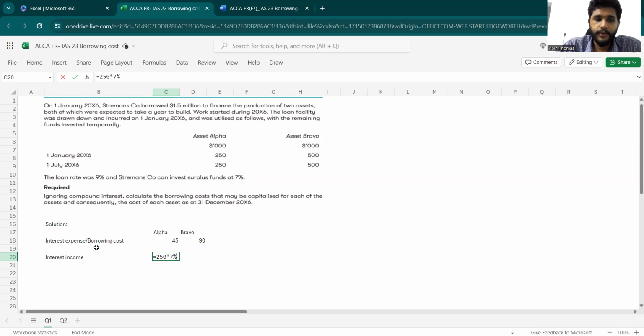What is the period of our investment? That should be 6 months. They have used the entire amount from 1st July onwards. So till 30th June, they have invested the 250, the remaining amount. So we should multiply by 6 divided by 12.